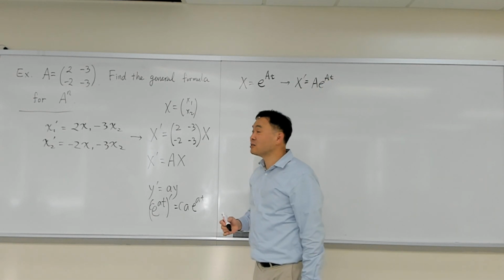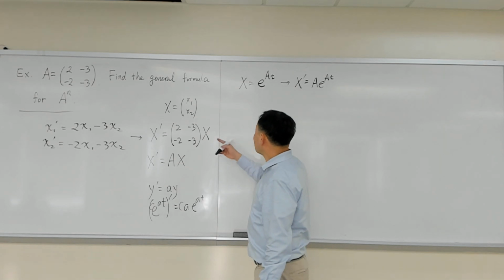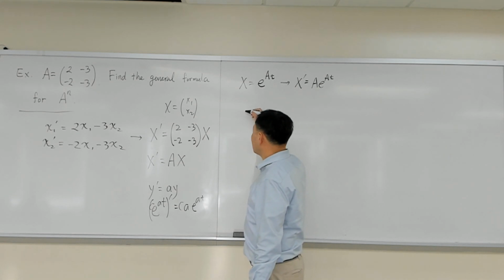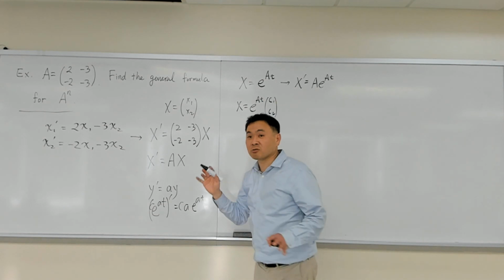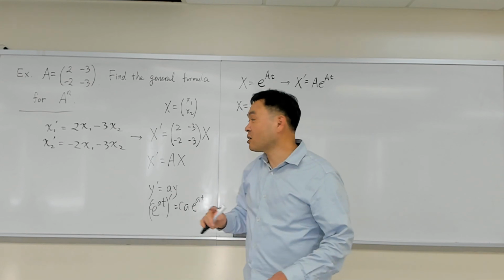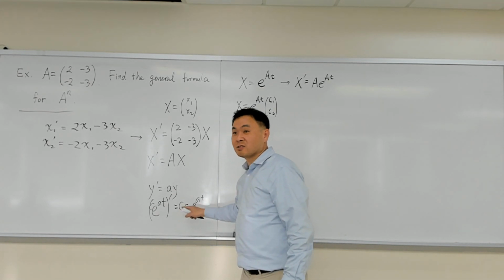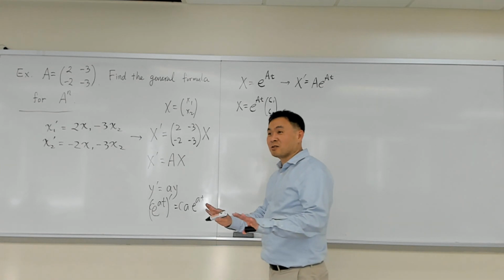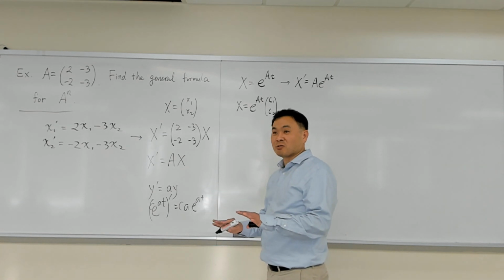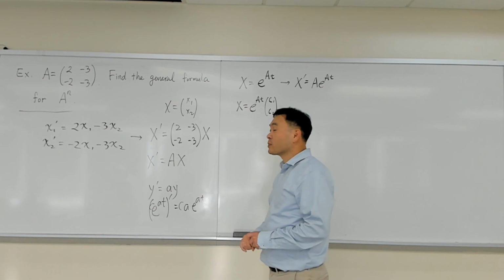So generically, the answer is x equals e to the At times C1 and C2, where C1, C2 are the two constants, just like where you have this constant. Here you have constants. That's what you did in differential equations, or calculus 4.